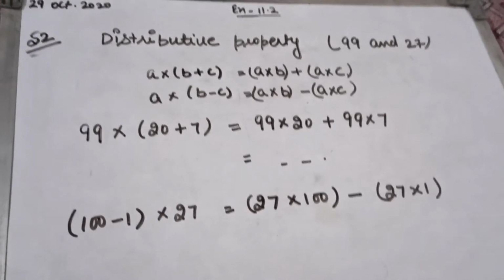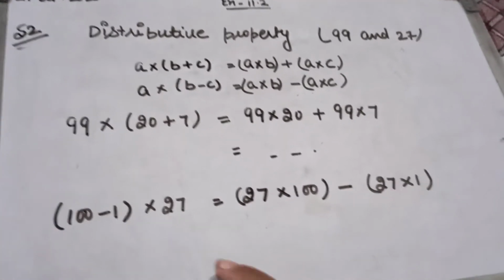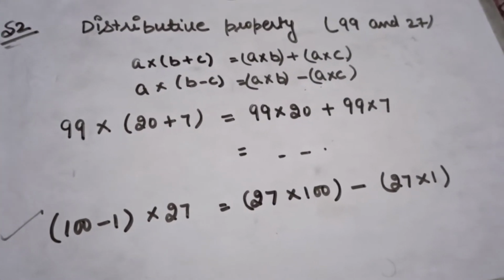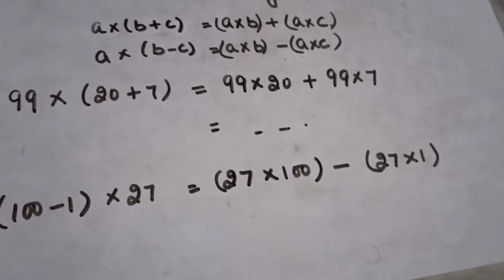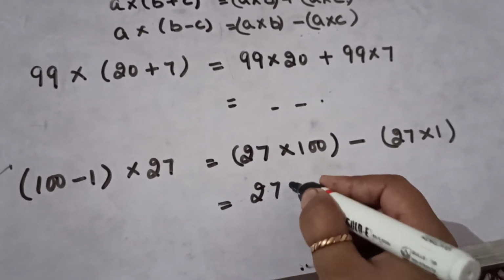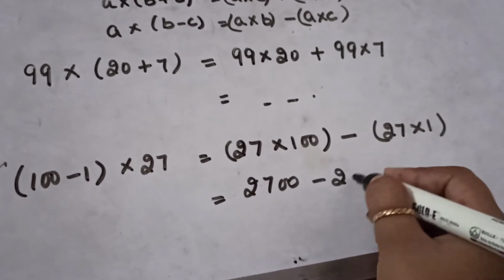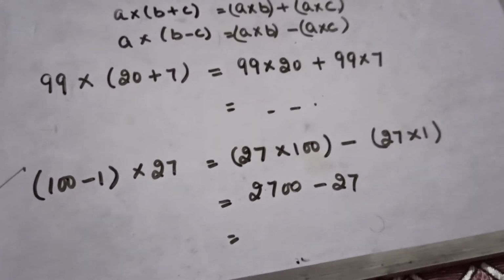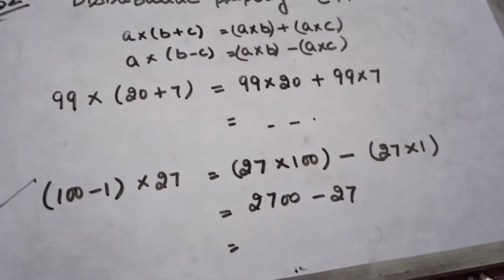So this is clear to everyone. So for this question, this is the best way with using the distributive under subtraction. See, this become 2700 and minus 27. With the subtraction of this, you will get the answer. Clear?